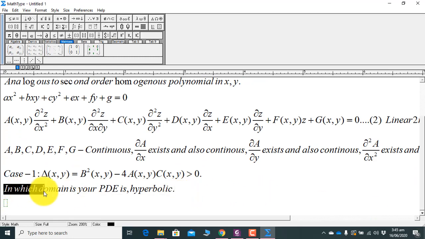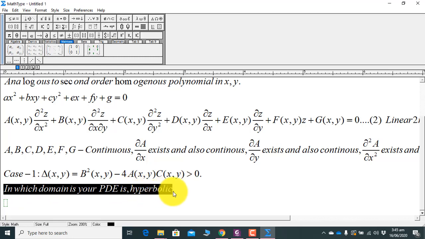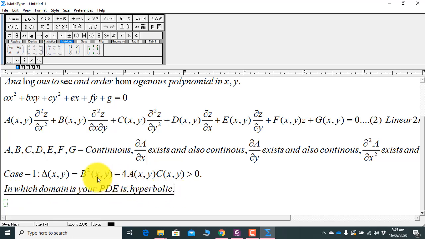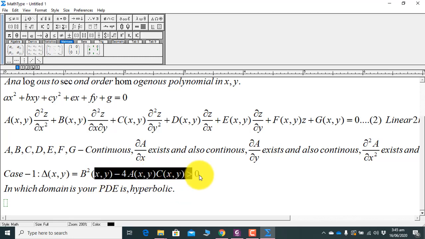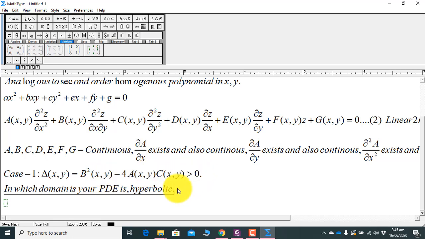For that you must know at which points this quantity is strictly positive. So if this quantity is strictly positive, for example, for x equal to 0 and y negative, you say that your equation is hyperbolic in the region.